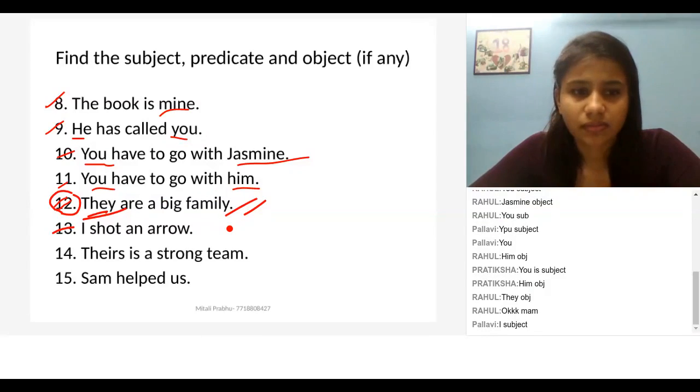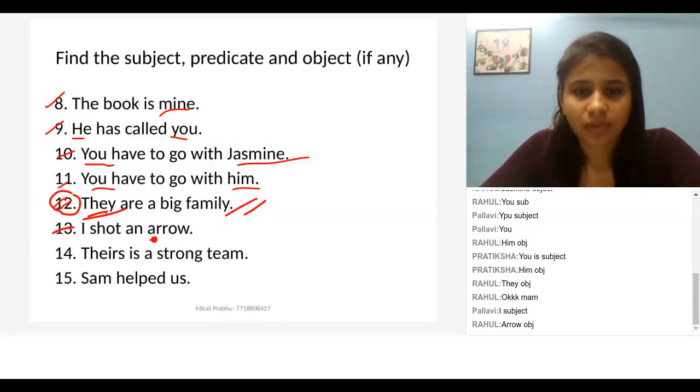Is there an object in the 13th one? Yes, right. 14th.